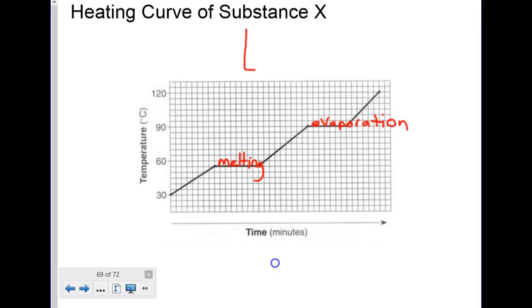If this was a cooling curve, something like this, what would this first plateau indicate? Condensing. The second plateau would indicate freezing, going from a liquid to solid, which is freezing. Okay.